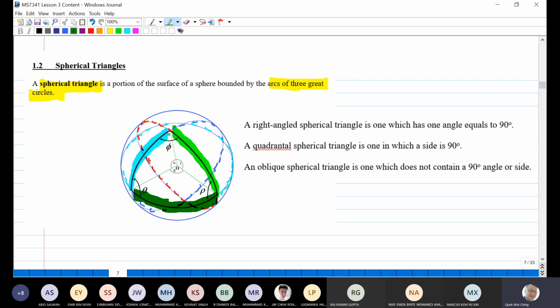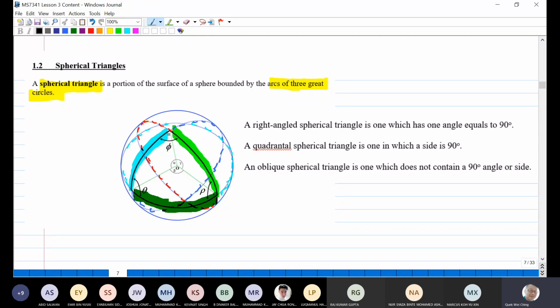So this is called a spherical triangle. And a triangle must have three sides, right? The only thing is these three sides now are not straight lines. They are three arcs of a great circle, meaning this triangle has no straight line.